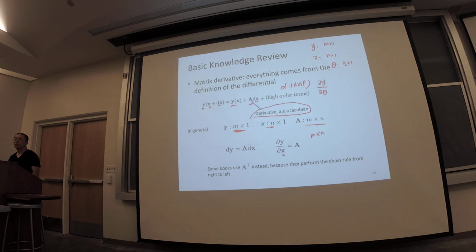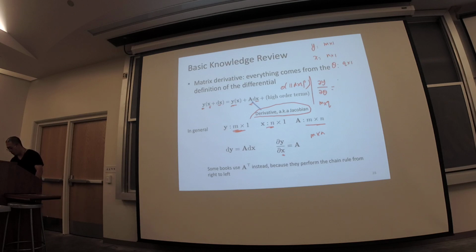Can you just expand it to partial y over partial x and partial x over partial theta? First we need to be clear what's the size of partial y over partial theta, right? So y is n by 1, and theta is q by 1. According to our definition, rows follow the output and the columns follow the length of the input, so it will be n by q.